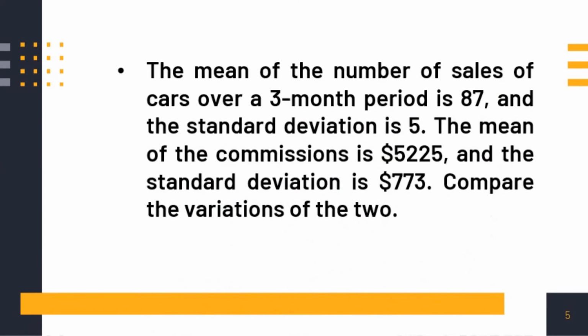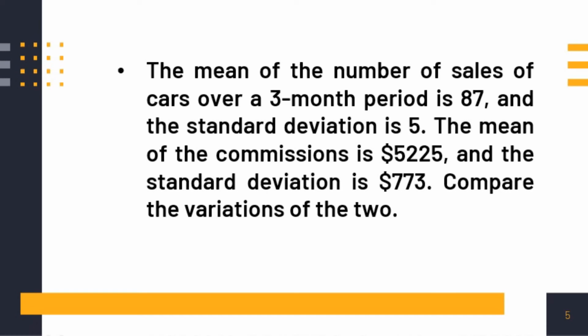Let's try this example, sales of automobiles. The mean of the number of sales of cars over a 3-month period is 87, and the standard deviation is 5. The mean of the commissions is $5,225, and the standard deviation is $773.